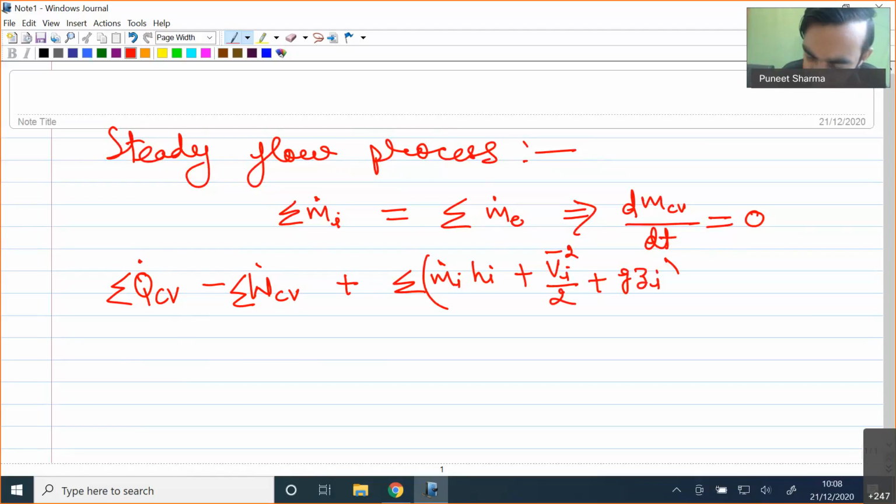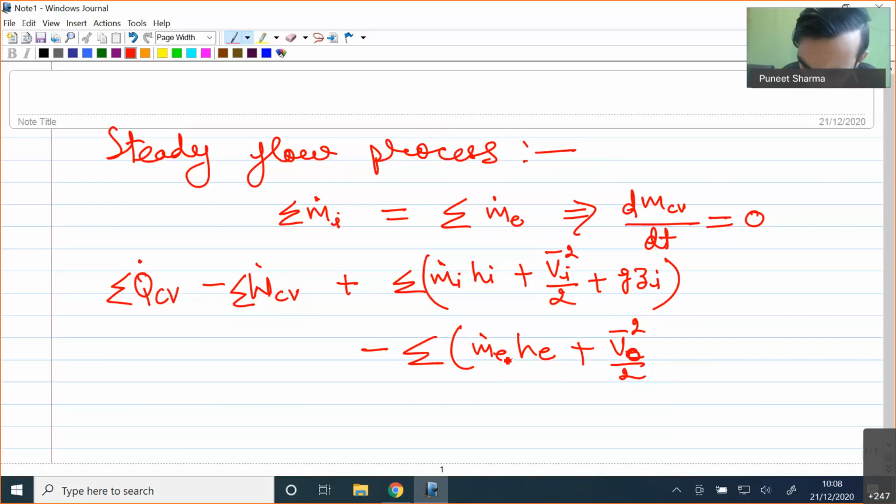That will be our energy inflow because of the mass, minus the summation of m dot e into (h e plus V e squared by 2 plus g into z e) at the outlet. So this is equal to 0. This is nothing but my steady flow energy equation for the steady flow process.